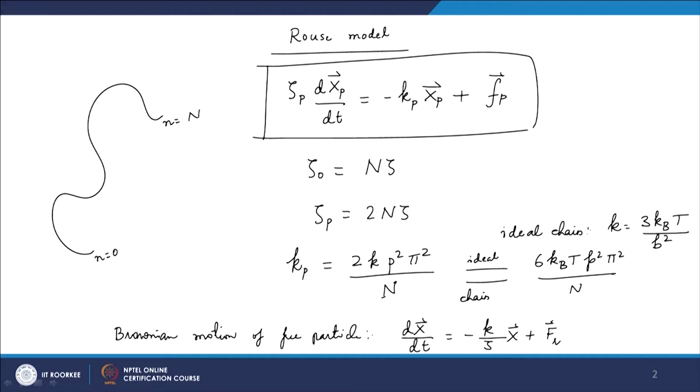And now, the equation we have written, of course, for different values of p, looks very similar in form to the equation for the Brownian motion of a free particle. Therefore, all the math we did for the displacement correlation functions and so on for the free particle case will apply in this case for particular values of p.